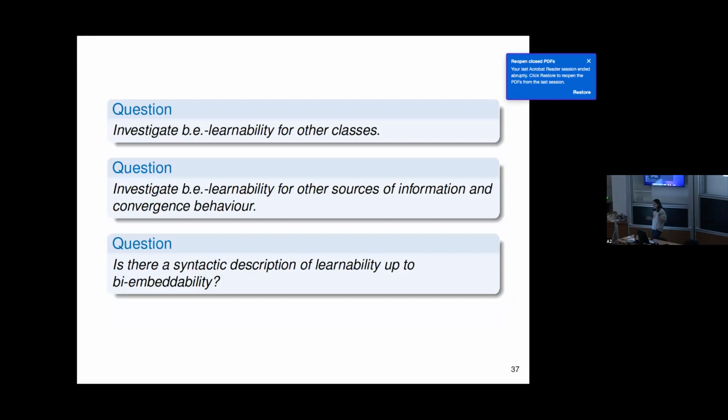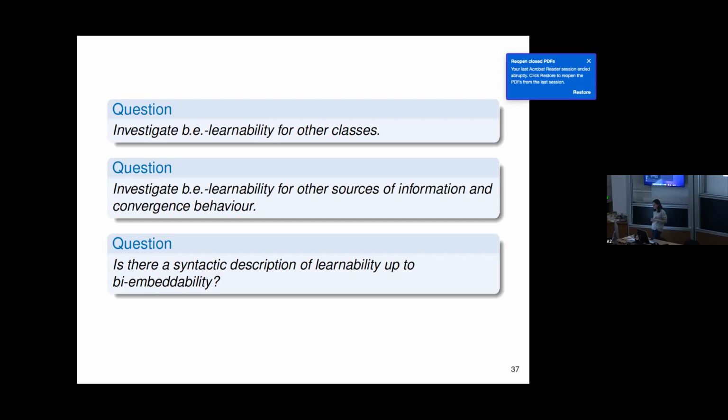It would be nice to study learnability for other classes also, not just for equivalence structures, and do the same for other sources of information: learning not from both positive and negative information, but only from positive information, and for other convergence behavior.